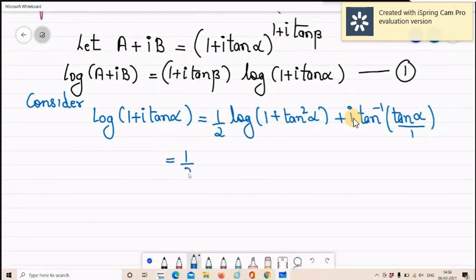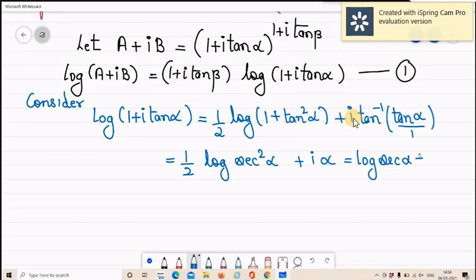Sec square alpha. Secant square, sec square, whatever you pronounce it as. So here, and what will happen here? Tan inverse and tan gets eliminated. This is just I alpha. And here also this 2 and this 2 gets eliminated. So what do we have? Log of sec alpha plus I alpha. Okay, log of sec alpha plus I alpha.